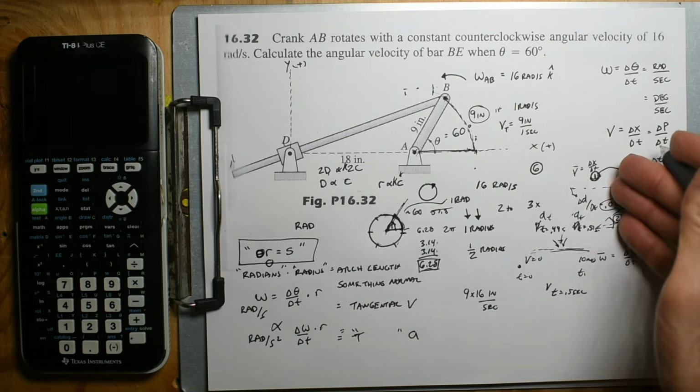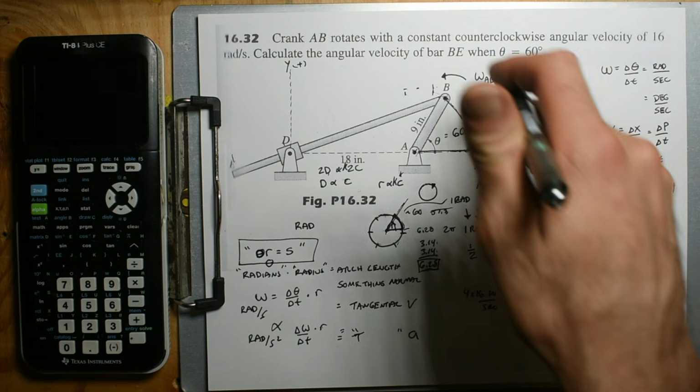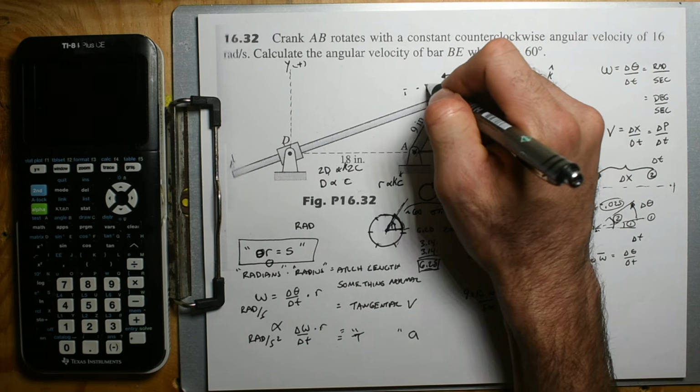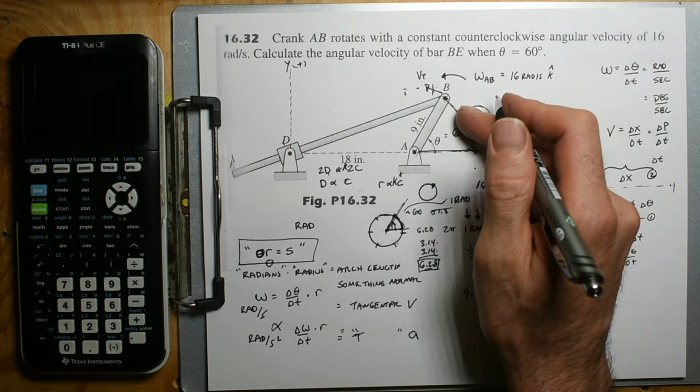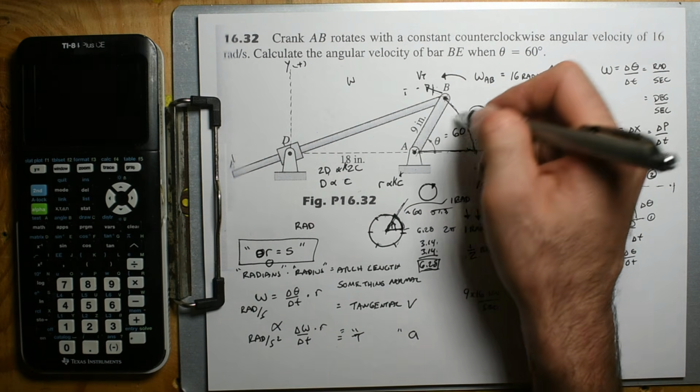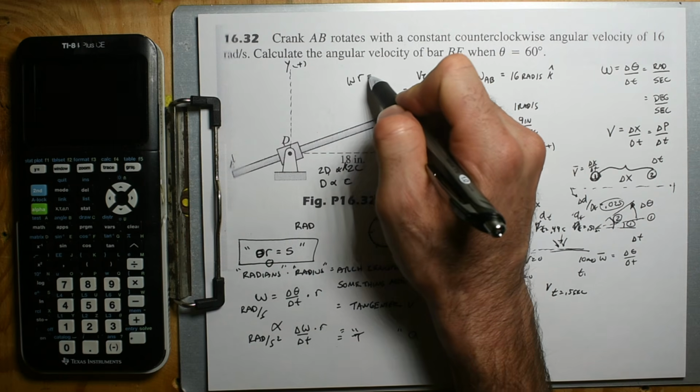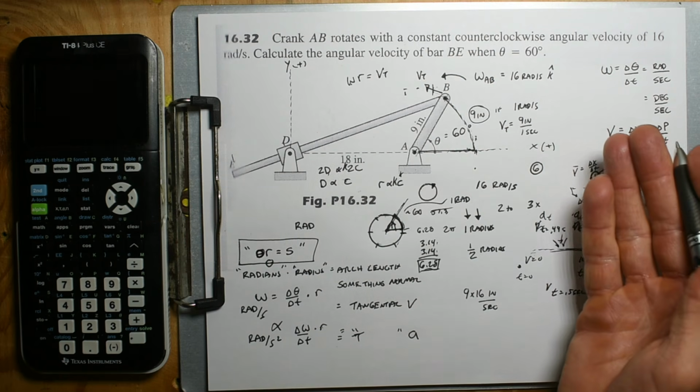Because you would already need to know this aspect before doing this problem. I know what the tangential velocity of B is. That's omega times the radius. Radians times radius is tangential velocity.